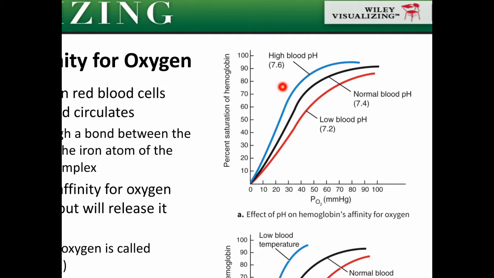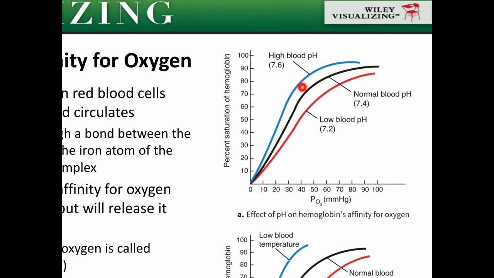So in the vicinity of the lungs, where there is a high blood pH, because there's low carbon dioxide and low carbonic acid content, the hemoglobin has higher affinity at the same partial pressure of oxygen, mind you. It is a higher affinity at high blood pH.